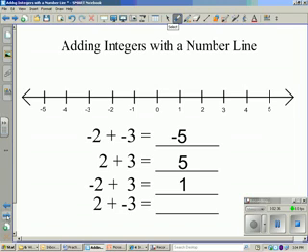In our last example here, we have a +2 plus a -3. Well, you start at 0, and it's a +2, so we go 1, 2 units to the right. Then the next move would be to the left, 3 units.